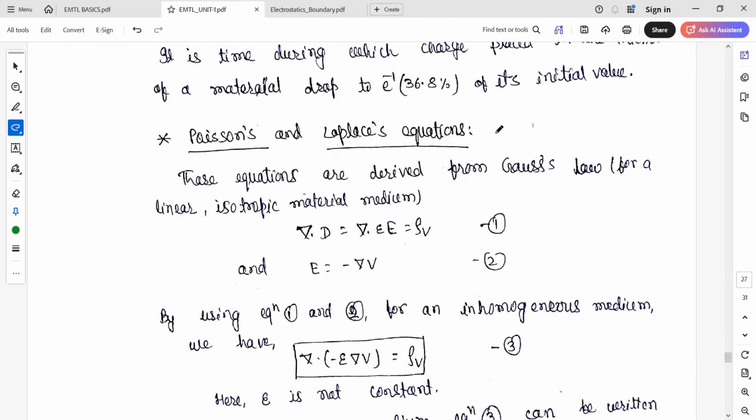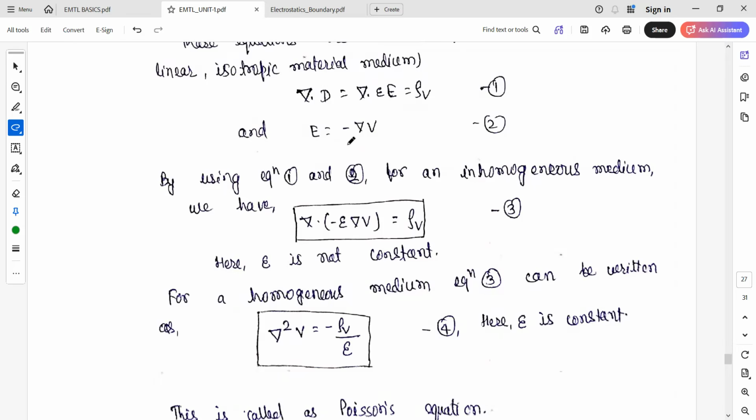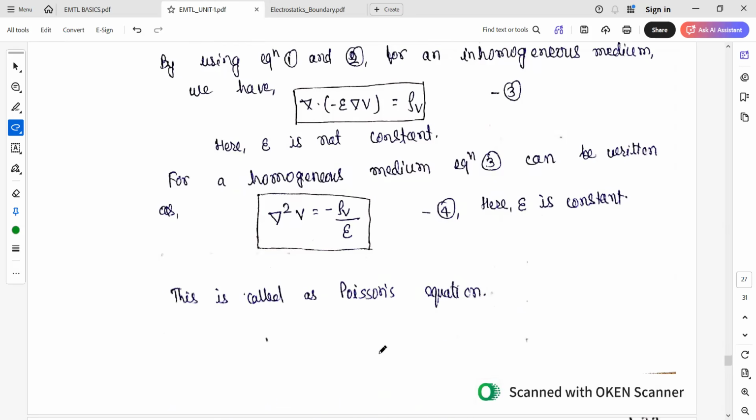The Poisson and Laplace equations are also very, very important. We have del dot D equal to rho v, and substituting the value of D, we get del square V equal to minus rho v by epsilon. This is called the Poisson equation.